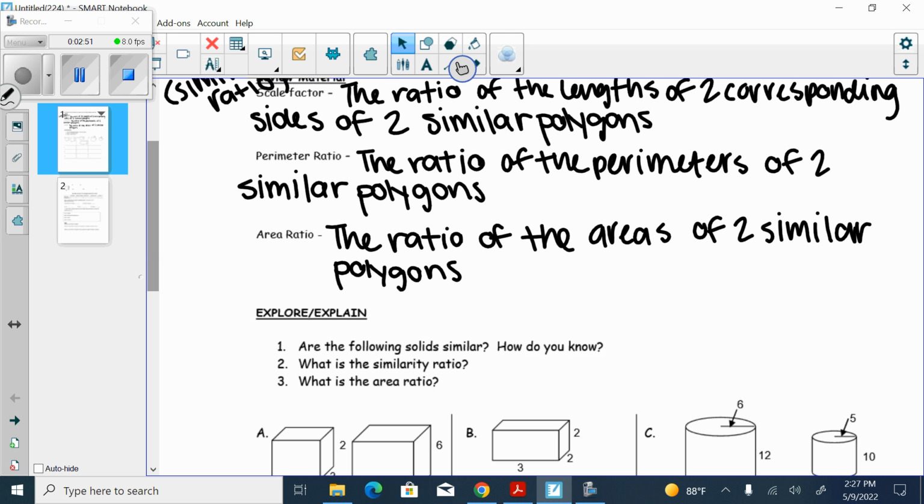And what do you have to do to a perimeter ratio or a scale factor to turn it into an area ratio? Very good.